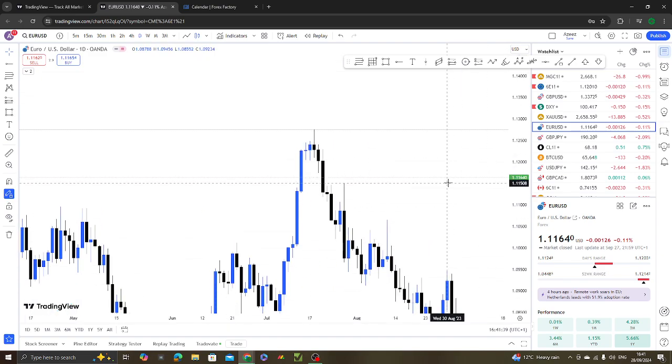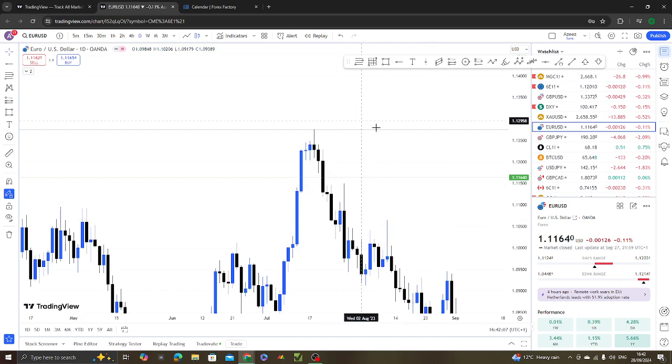If you're a swing trader and you want to hold it for like a week, 4 days, 5 days, then I'd recommend you look at weekly, monthly, the longer time frames. But if you're a day trader, start from daily and then go down to 4 hour, 1 hour, then your 15-minute and your 5 minutes for your entry position.